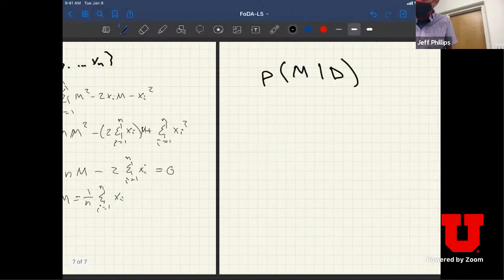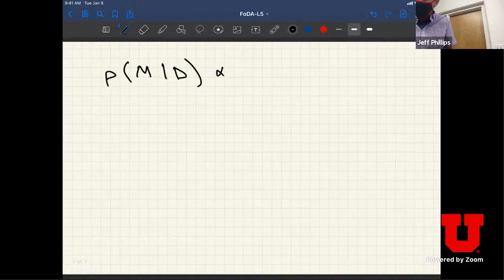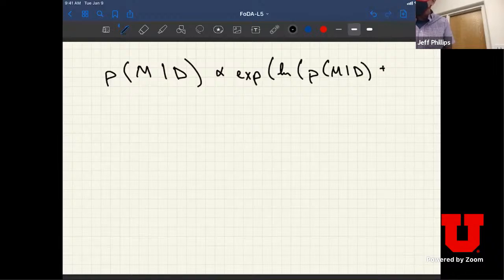So I can say that this is proportional to the exp of the log of p of m given D, plus minus any constant here.